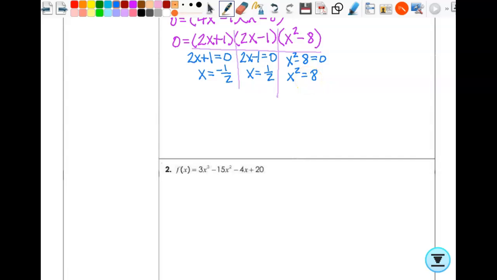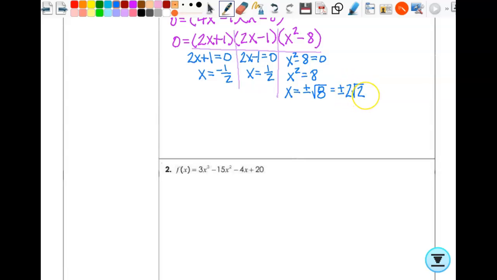Then I have to take the square root of both sides, so x equals plus or minus the square root of 8. And then what does that simplify to? Because I can't leave it as the square root of 8, it's 2 square root of 2.